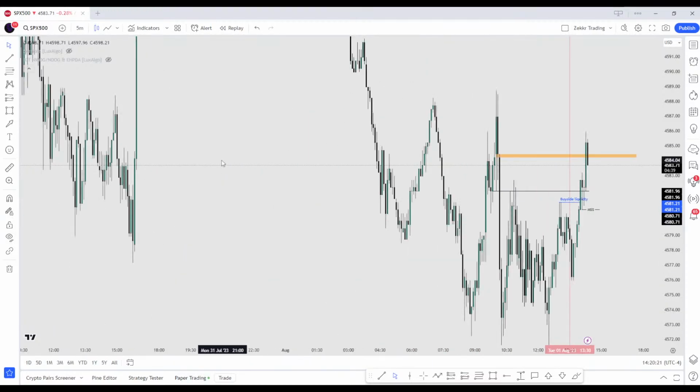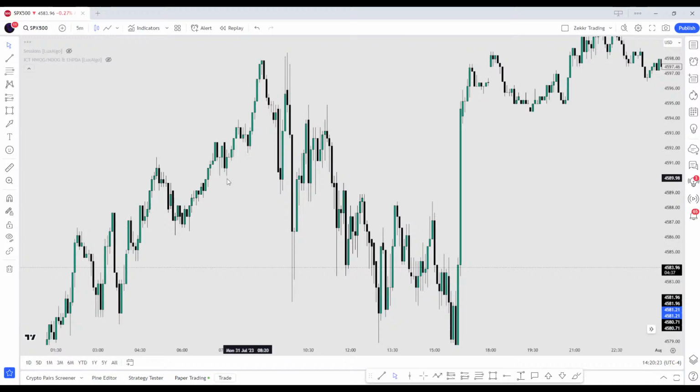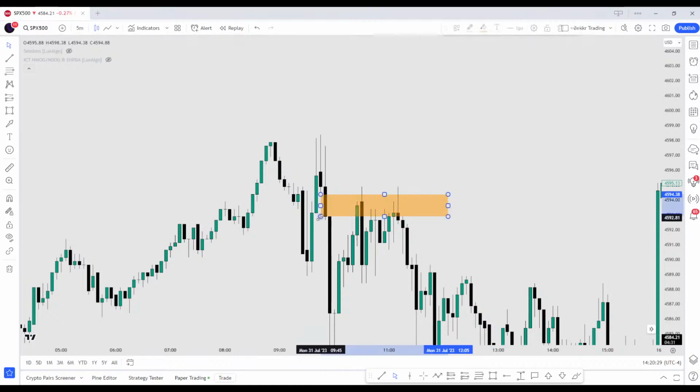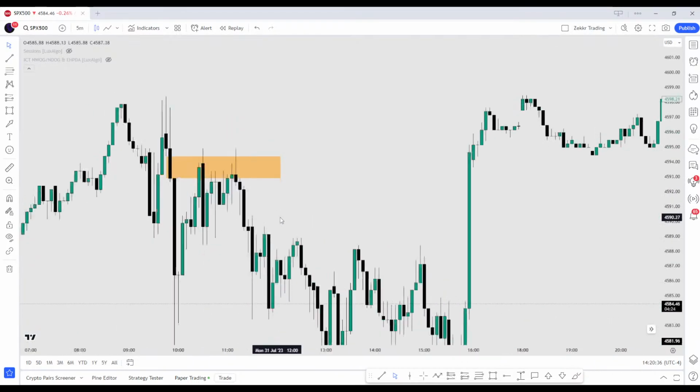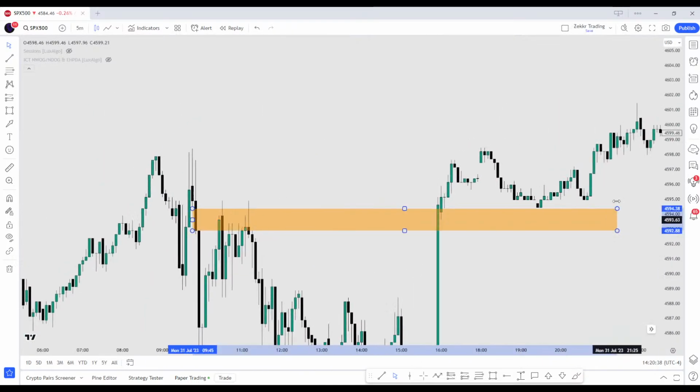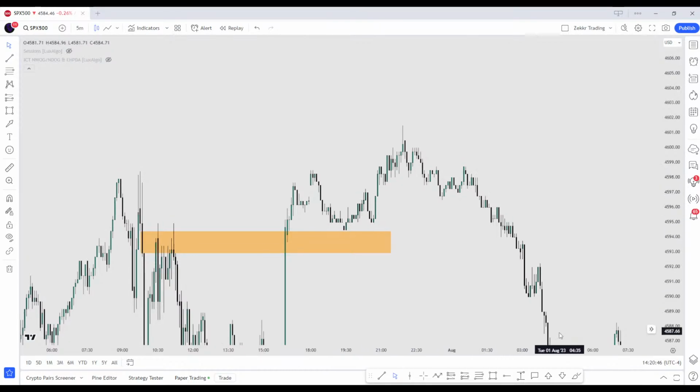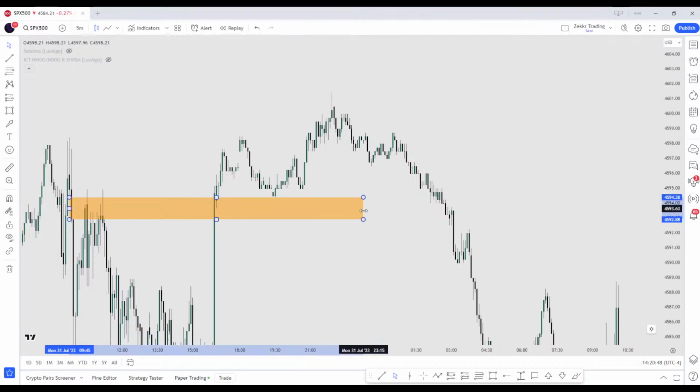That's exactly what happened yesterday with this fair value gap, or this one. This one was respected even more. We traded in multiple times and then respected it. Once we went above it, it still acted as support almost to the tick, a little bit below, a little bit above, and it was still trading into it.